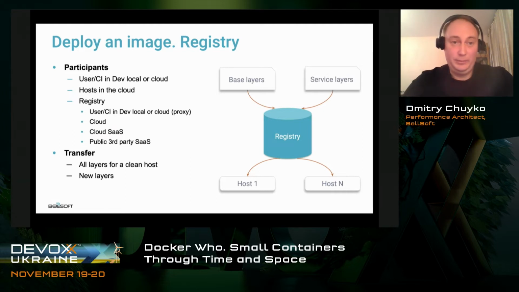Then from that registry, we deploy it to our actual prod environments or some CI systems, maybe staging. And that registry can be located in different places, in different networks. It may be owned by different parties. It may be owned by us. There may be actually a few registries that exchange data.